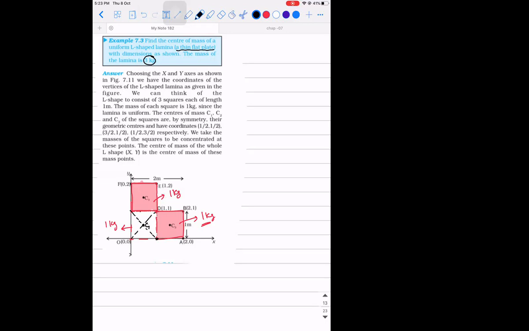Okay. So if I take this point as 1, 0, then what will be the coordinate of this point?